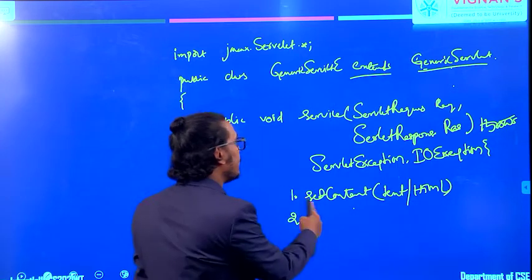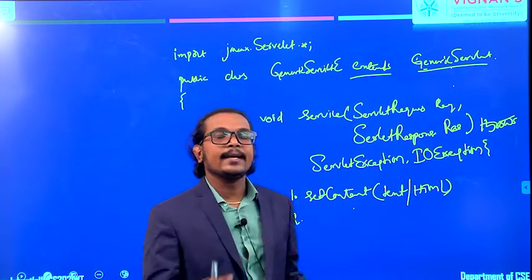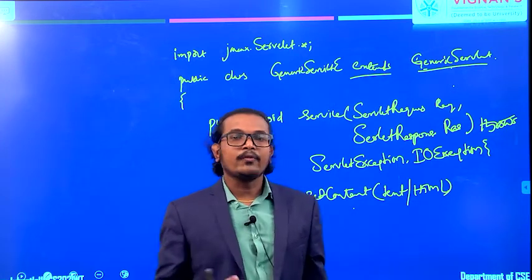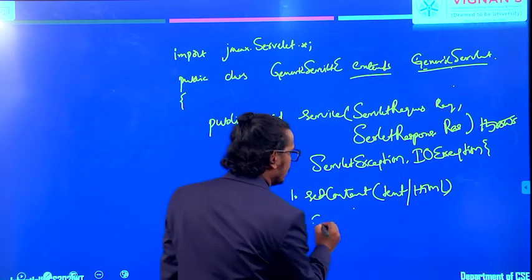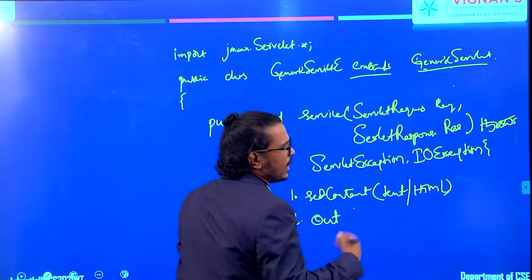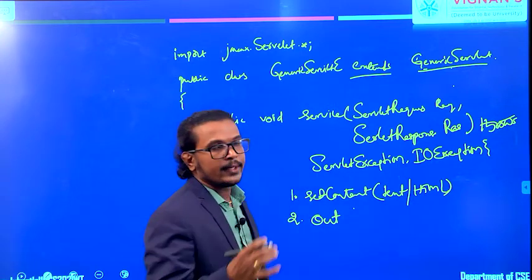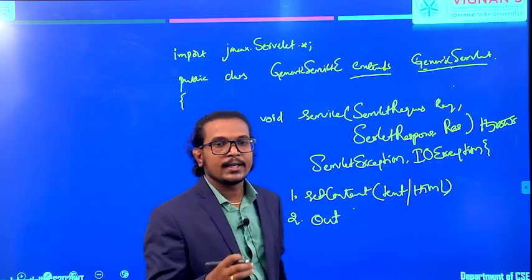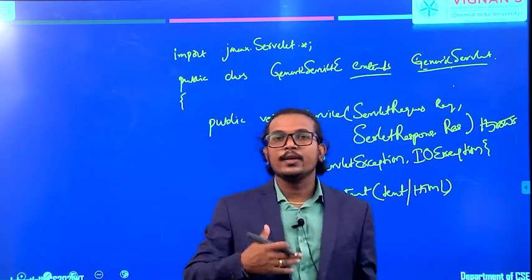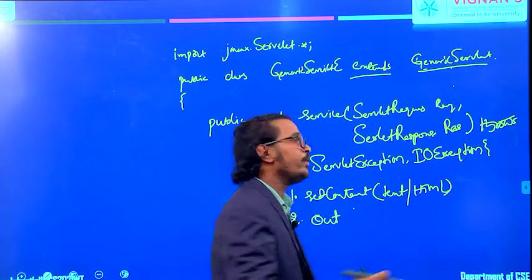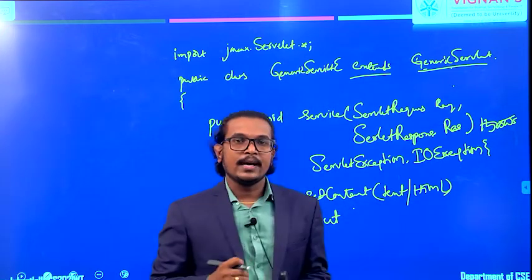Further, you have to use the set content type method. After that you have to use Java code for constructing that particular response. In that Java code itself, we are taking the HTML code and embedding it in this Java code.